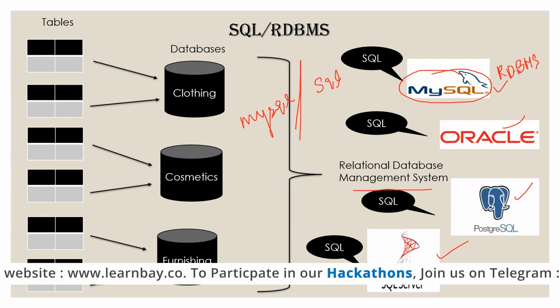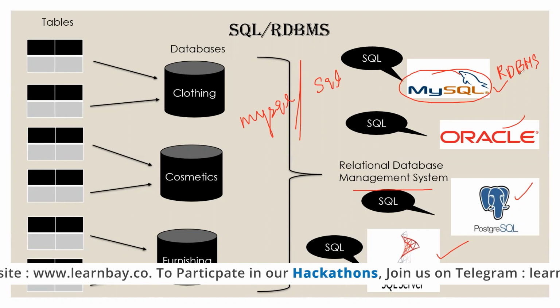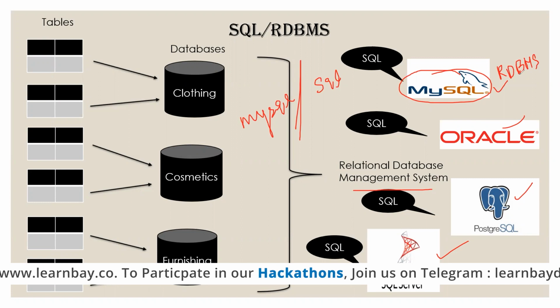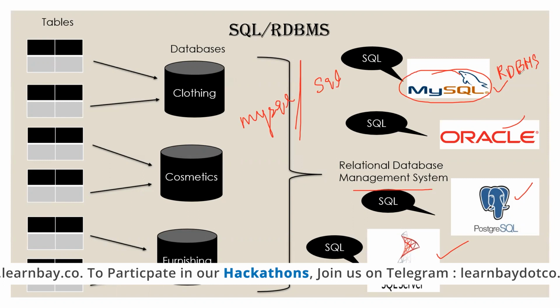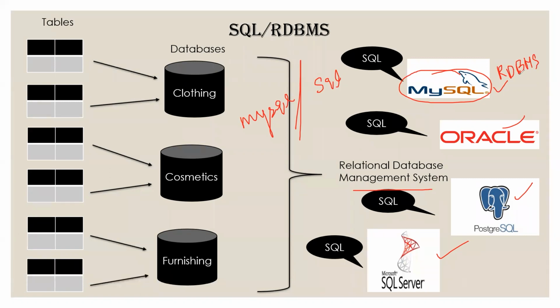Now I need to communicate with that RDBMS, right? Like for example, I'm giving you a file and I'm asking you to process it. Now you will process it through Python or you will process it through Java. So how are you communicating with the system? You are communicating through the language called Python. You are speaking to the system and the system understands your requirement and it processes.